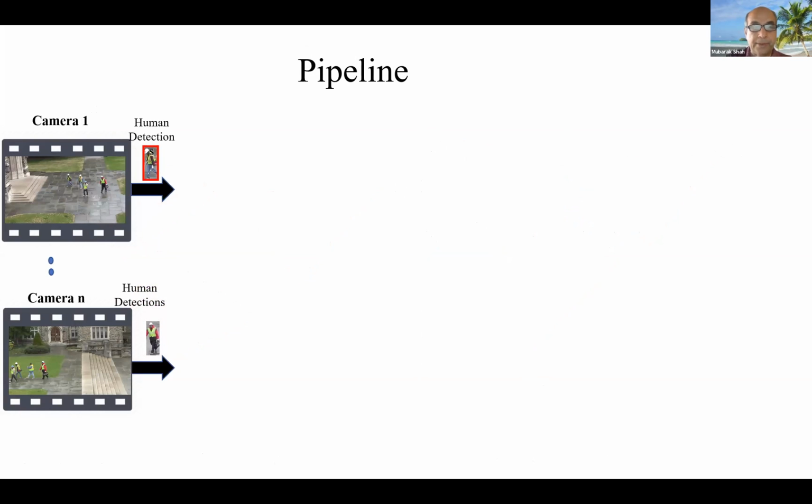So our pipeline is this: we have n cameras, and we assume human detections have been given.